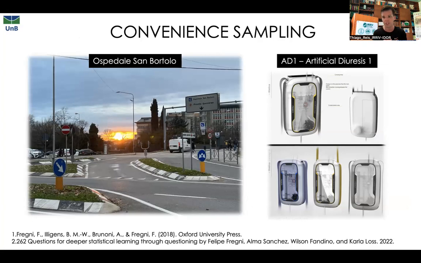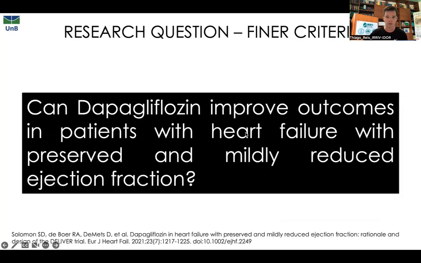Only a few patients that naturally, by convenience, go to our center, and then we'll try to recruit and enroll those patients. So this is a device that will be tested here. It's called Artificial Diuresis 1, AD1. It is a device intended to do isolated ultrafiltration in patients with fluid overload.